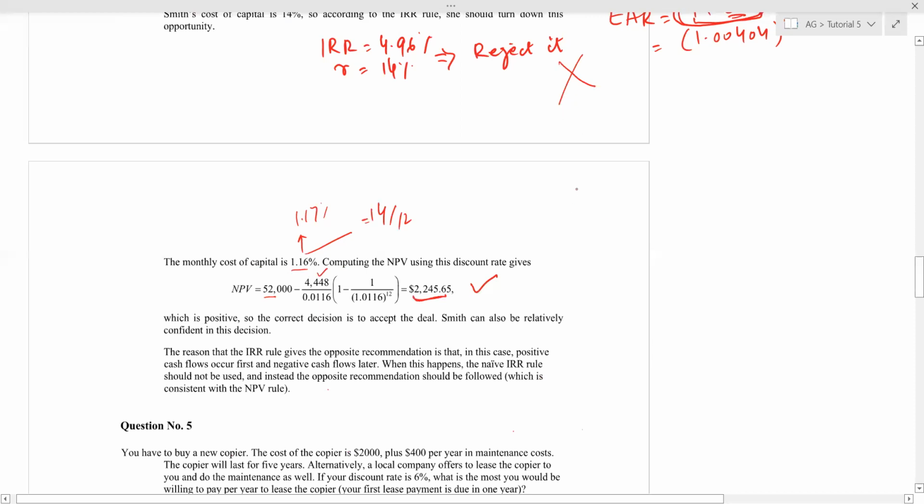So in situations when there is a conflict between NPV and IRR, which option would you choose? You normally base your decision on NPV. So we will take this project, though IRR says do not take it, because NPV is positive.